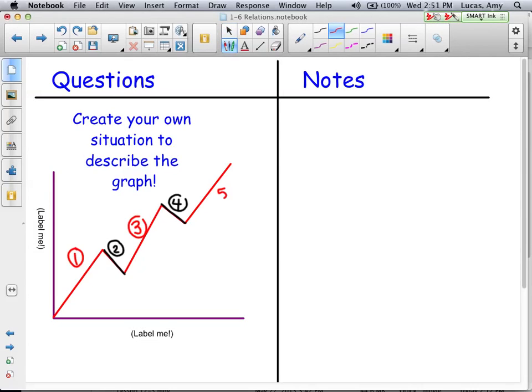It says label me, so we want axis labels. A title would be great too. So I want you to think about, in your own words, writing a paragraph that could describe a situation represented by this graph. And be creative.